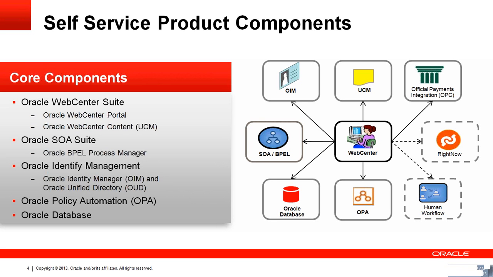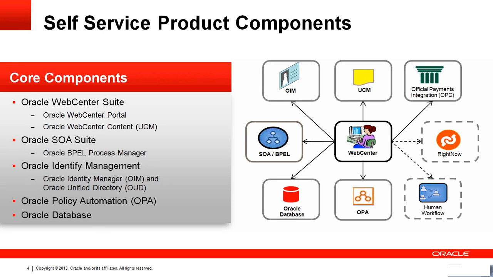To start with, we want to describe all the components that make the product. And the center of everything maybe is the Oracle WebCenter Suite family of products. Typically, we use the Oracle WebCenter Portal product, which is the foundation of the portal application, the website that serves end users.